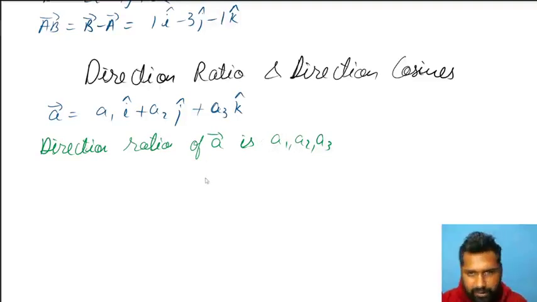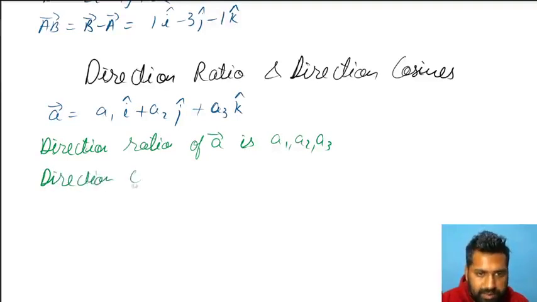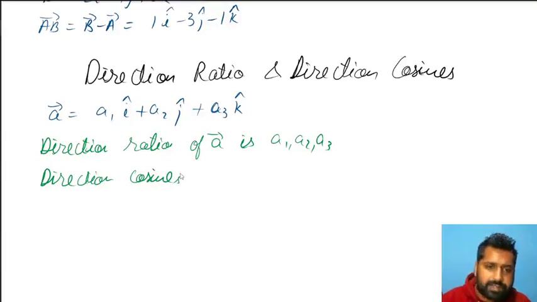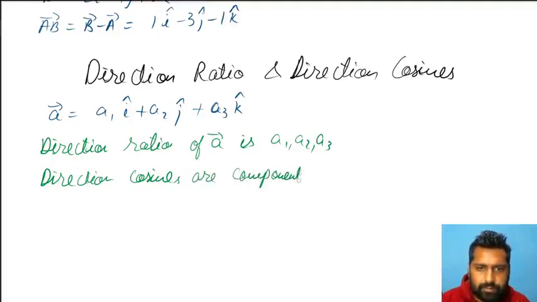Okay, now comes direction cosine. Again, students have the tendency to learn formulas for it. Yes, you can learn. I mean, it's not difficult. I will also give you the formulas, but just understand, direction cosines are components of A cap vector.